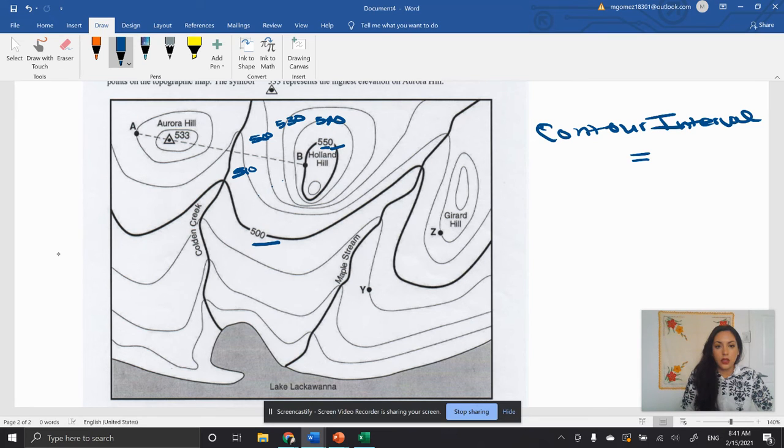And if you notice, there's one more tiny circle contour line. So this little guy is 560. That's the very peak of the mountain right there.